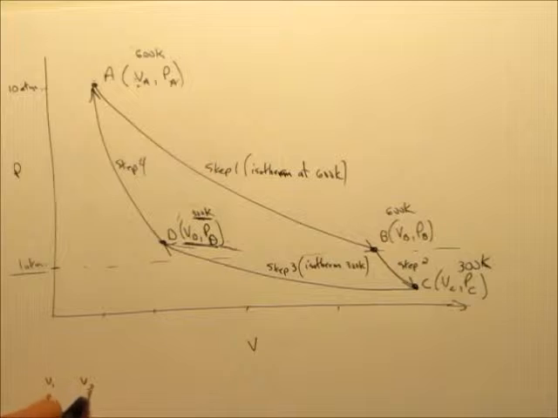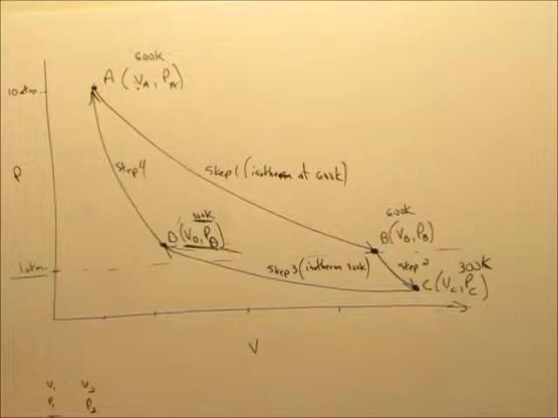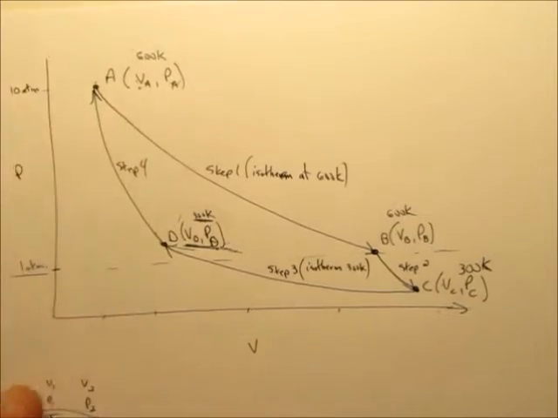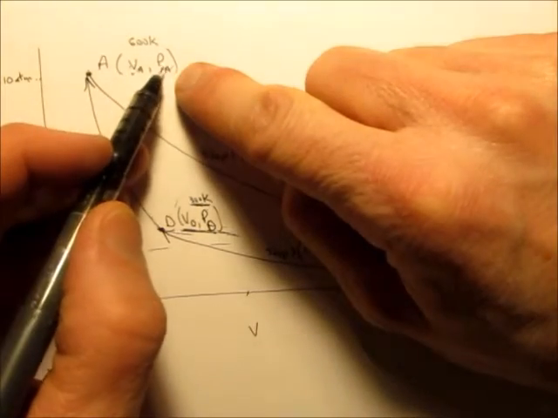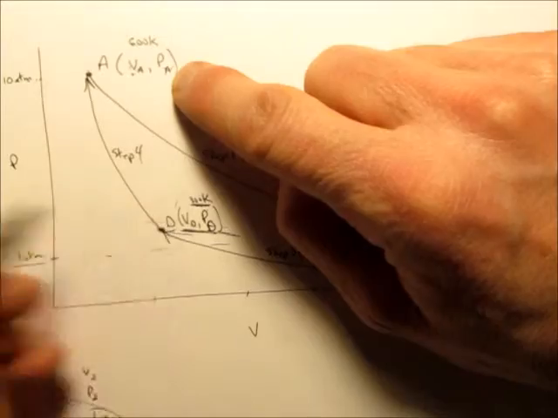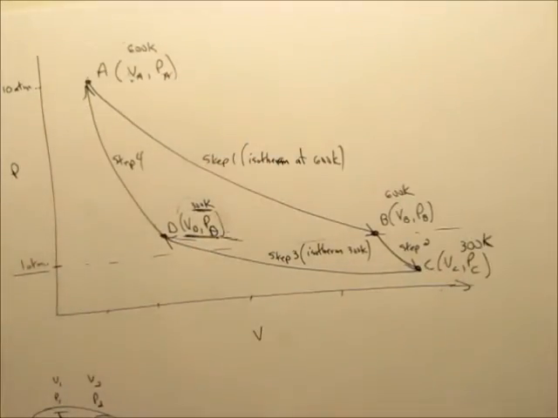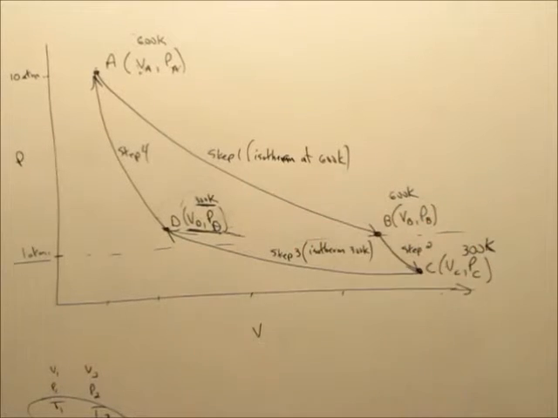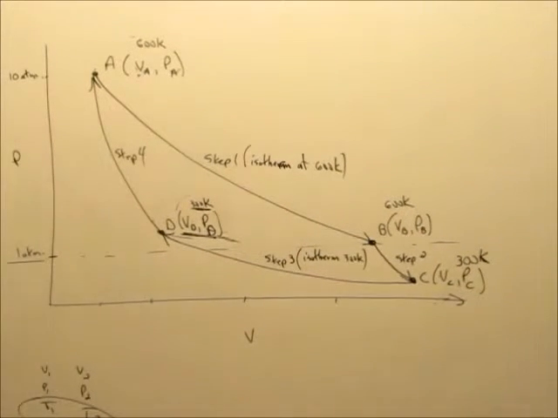Those would become your V2, P2, and T2. If you know T1 and T2, 300 to 600, and you know the VA and the PA, you'll be able to calculate these. So you can fill in this graph with all of these values. You're going to need those.